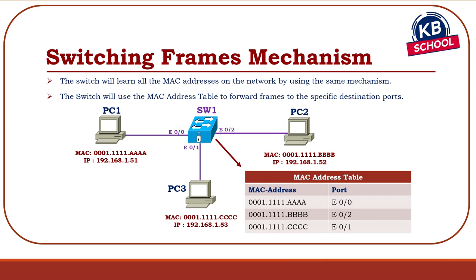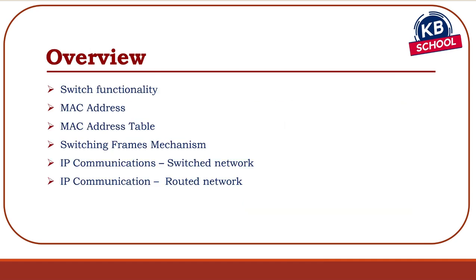Now, if you take a look at your initial screen, what we have covered so far is the switch functionality, that it works within the network, whereas a router connects different networks. It is forwarding traffic based on the MAC address of the device. MAC address is that 12 hex digit number assigned by your vendor.